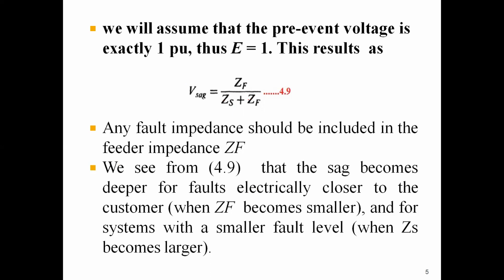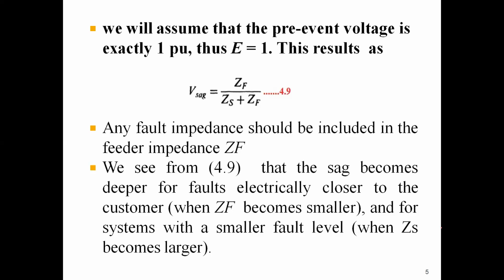So as ZF becomes zero, the voltage sag is becoming deeper, or more sag. Another name for more sag is deep sag, and the name for lesser sag is shallow sag.